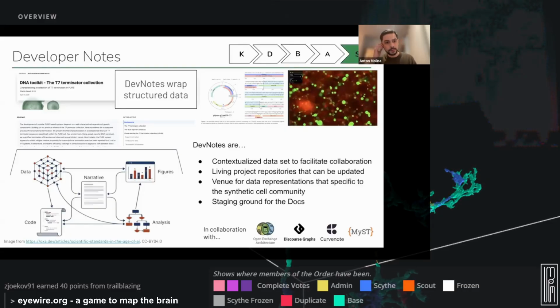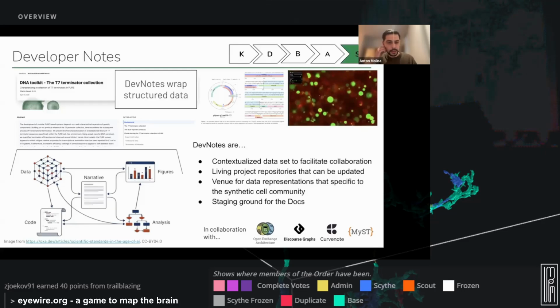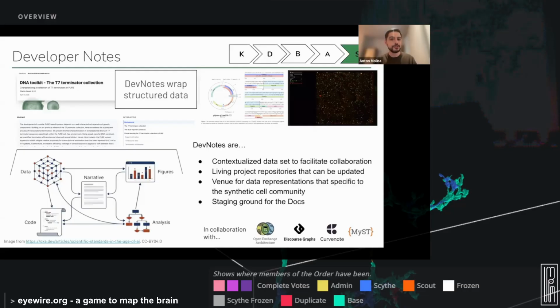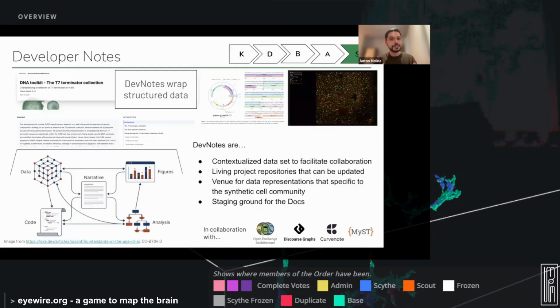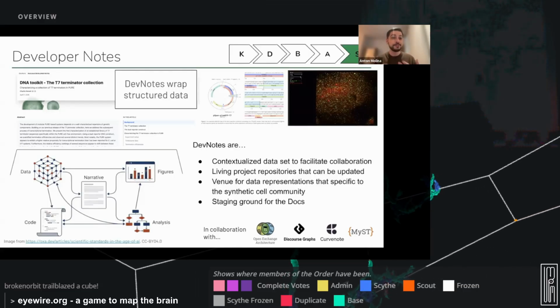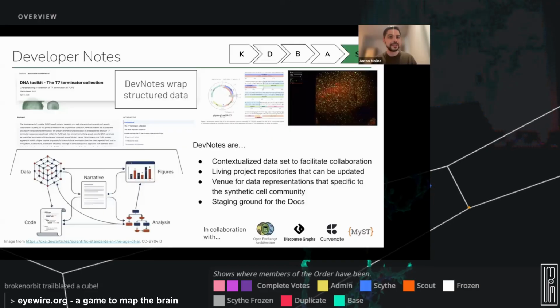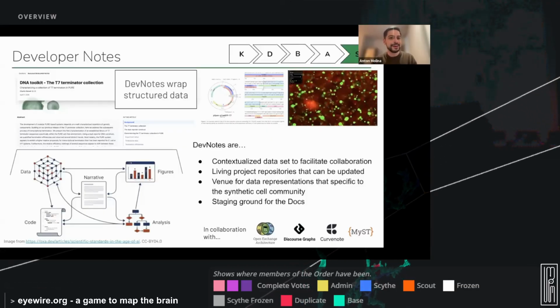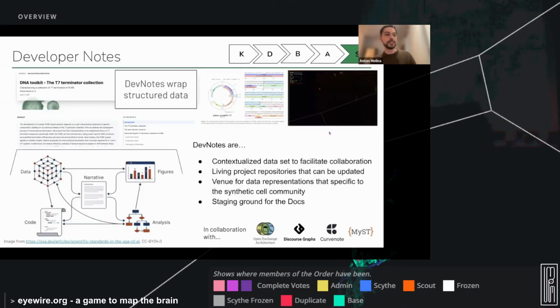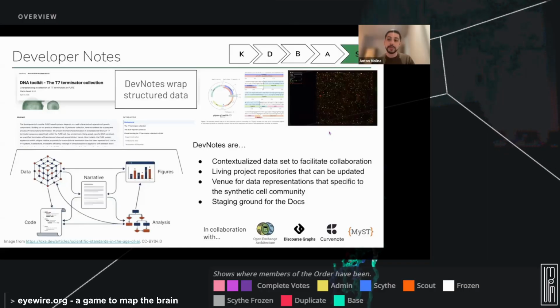And so this was work from a colleague of ours, Charlie Newell, who characterized a promoter collection, and so he was able to show the full sequence map and show, okay, here's the promoters, confirming to the person looking at this artifact that the sequences are indeed there and they can scrutinize them themselves. Another thing that we've started to embed is microscopy data.